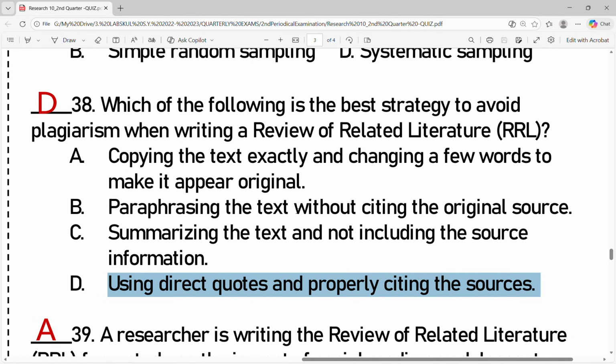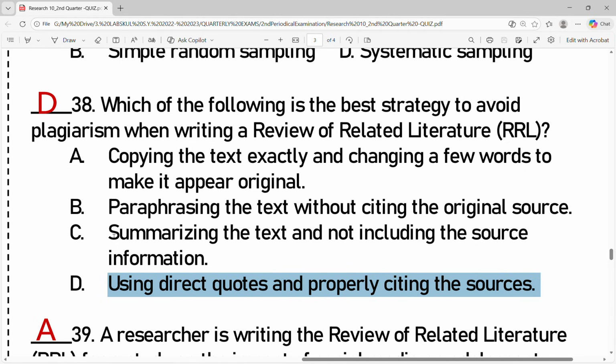Letter B is incorrect, although here you paraphrase the text, but you take note of the succeeding words. You paraphrase the text without citing the original source. This is a no-no. Right? We have to always cite whoever wrote that idea or shared that idea or findings.